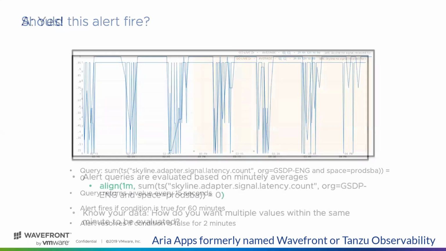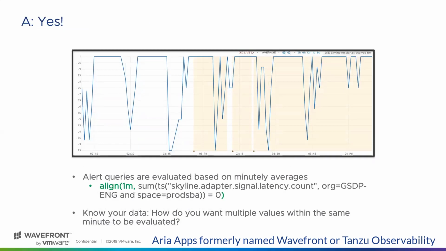But this is where this stuff is frankly subtle and complicated sometimes, because it is true that in every single minute, there was at least one data point that was meeting the condition, and that did remain true for a whole 60 minutes. So maybe this actually is correct, and maybe you did want to catch this thing that was happening, and maybe this really is a real problem that you wanted to investigate.